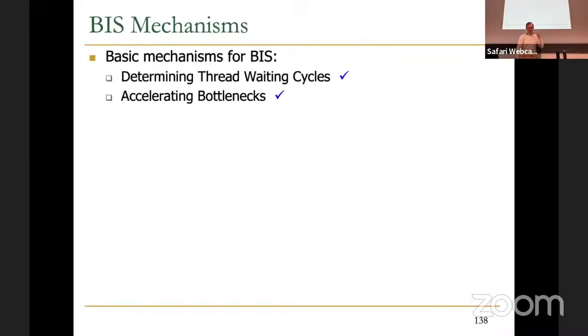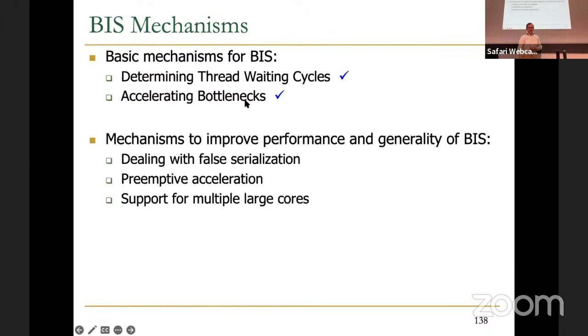Okay, sounds good, hopefully. So basically, we've discussed both of the basic mechanisms, thread waiting cycles and accelerating bottlenecks. But there are also other things that you need to improve the performance and generality of this. In the paper, we talk about that. I'm not going to talk about these in detail, but dealing with forced serialization is still a problem.